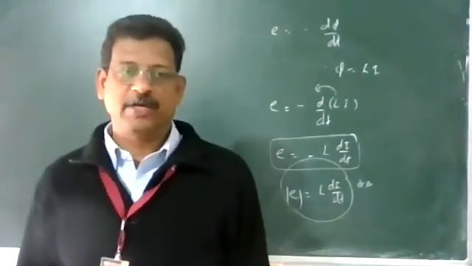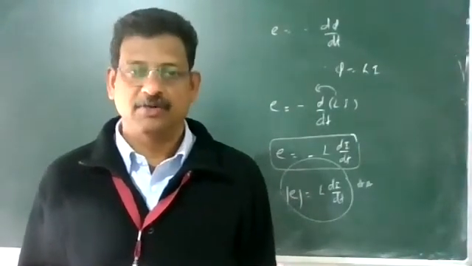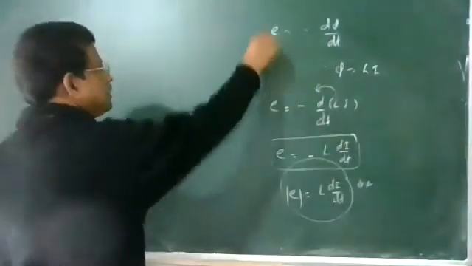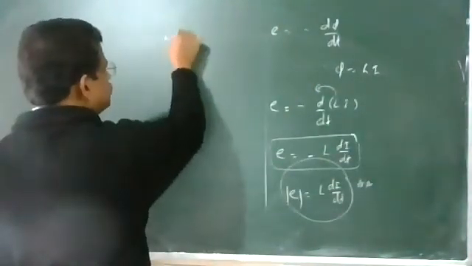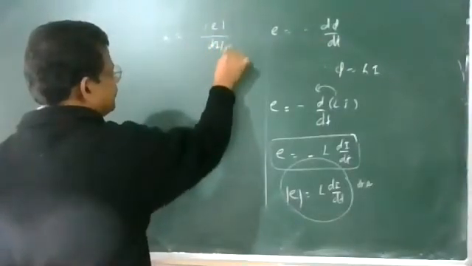From this you can also define L, and you can also define the SI unit of inductance. So from this equation, L is equal to the magnitude of EMF divided by di by dt.